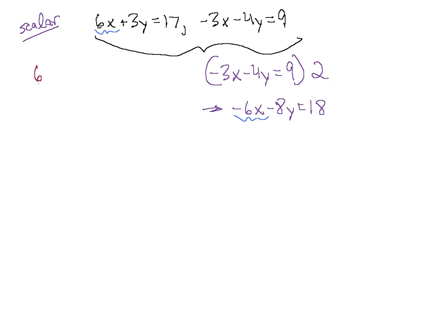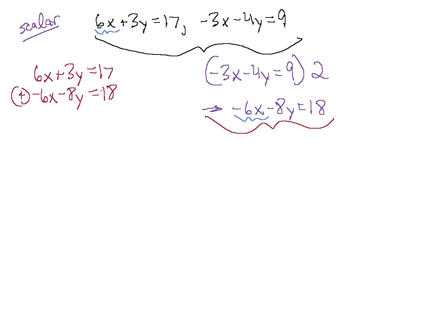Let's take 6x plus 3y equals 17, and we're going to add this form of our system of equations to this equation, and we're going to be able to isolate one of our variables. So we have minus 6x minus 8y equals 18.